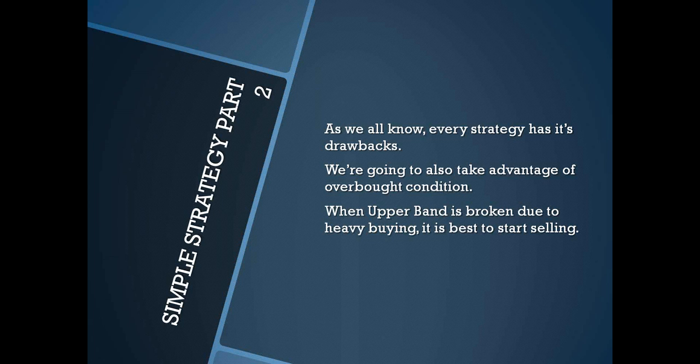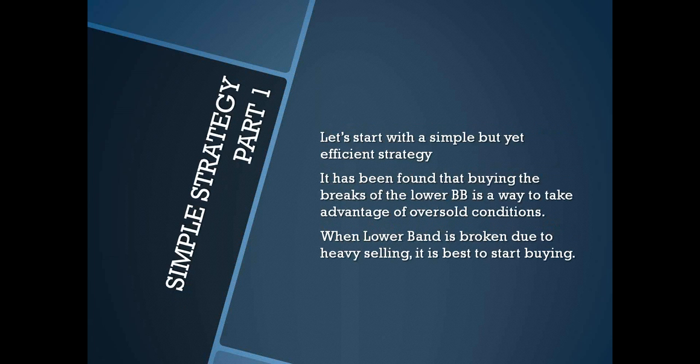Okay, first of all, let me get back to what I said before. I might have made a mistake in our first part. If it breaks my lower band, I'm looking into buying, and if I take profit, I would be taking profit on my moving average. So let me rectify what I said.